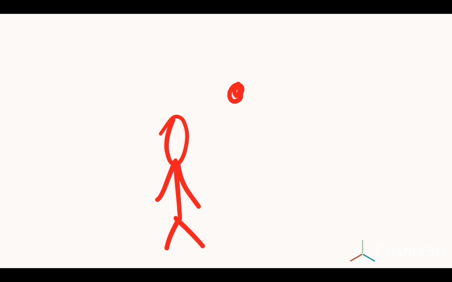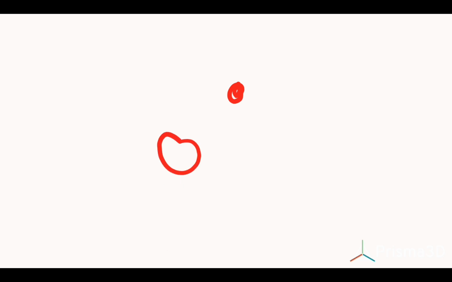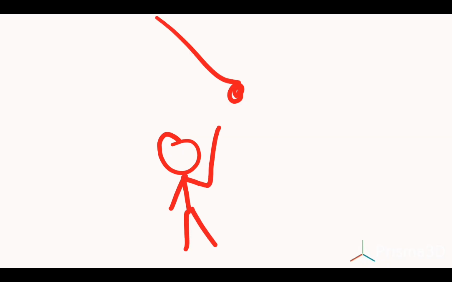I can't even draw a stick figure. I'm gonna redo that. That's still bad. So he's like this, and then he pops up, and then his arm becomes like this. Oh God. And then goes over the camera.